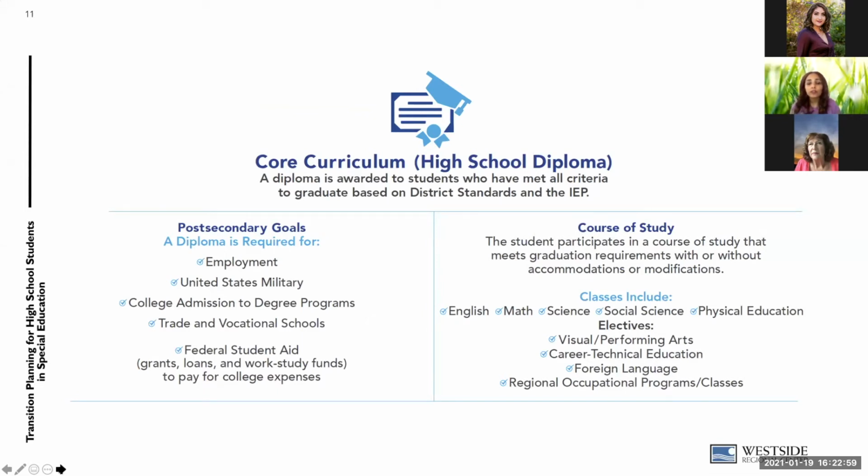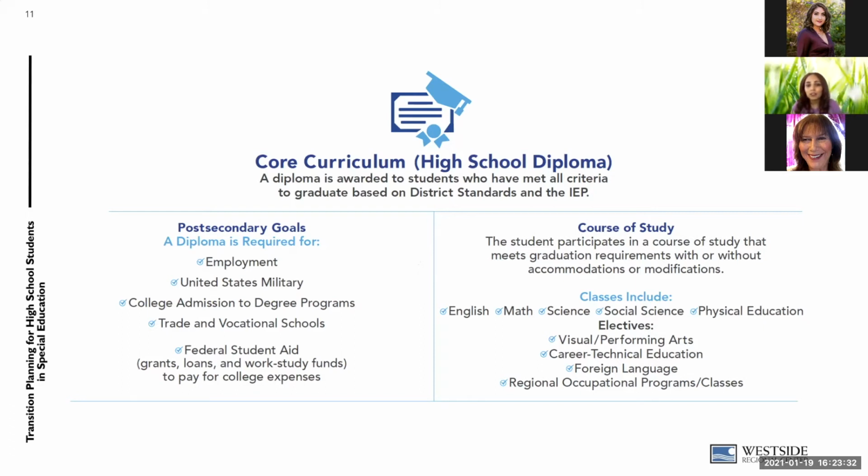So the core curriculum expects students to be able to fulfill their requirements to be able to get the high school diploma before they leave high school. So they must take the requirements that the state set out for the high school diploma graduation requirements, as well as what their individual districts require.